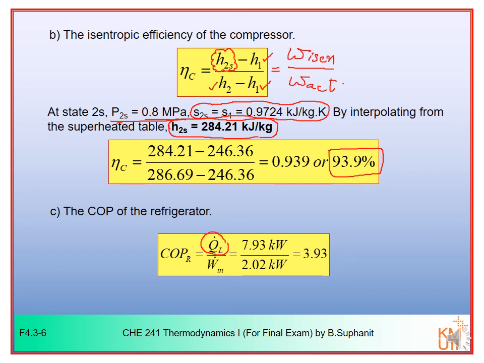What we get is the cooling effect that we obtain, divided by what we give, which is the work input required. So the COP of this actual cycle would be about 3.93, and that would be the answer for the last question.